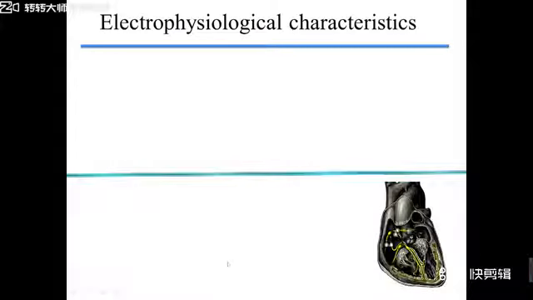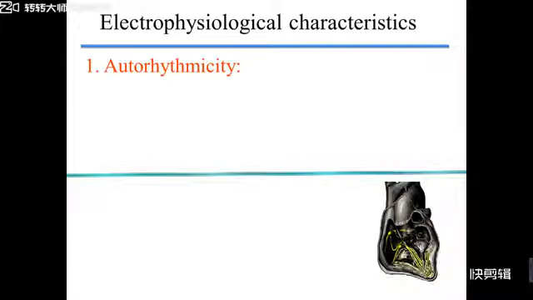Let's review some electrophysiological characteristics of cardiomyocytes. The first characteristic of cardiomyocytes is autorhythmicity. We have reviewed the meaning of autorhythmicity: one action potential, then an external stimulus, and then another action potential, another heartbeat.